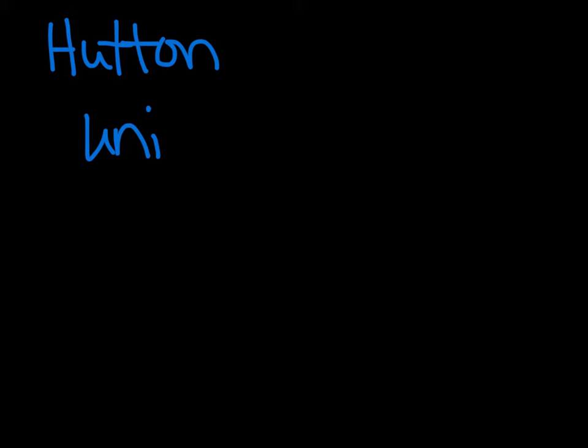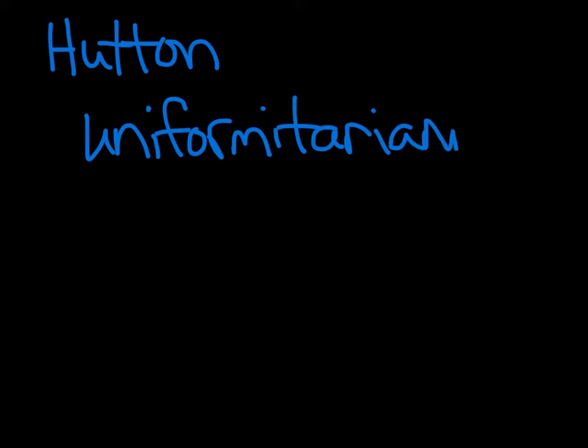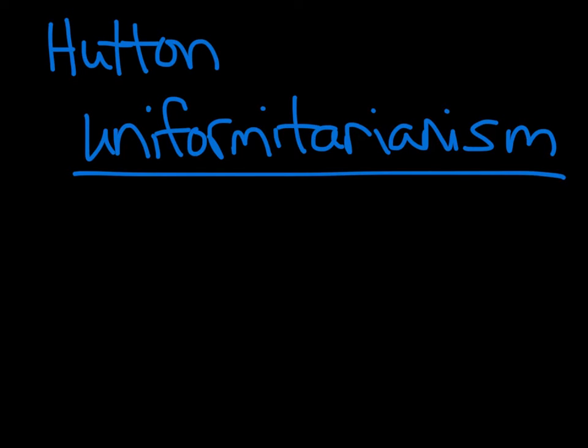Hutton's theory from back in the 1700s is called Uniformitarianism. No, I will not ask you how to spell that, but this is how you do that. Uniformitarianism. This is the idea that Earth is always changing.